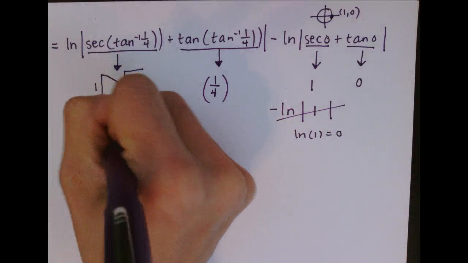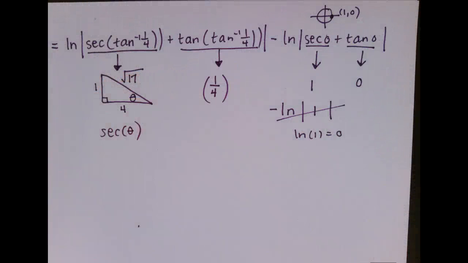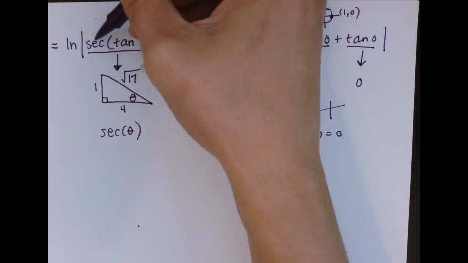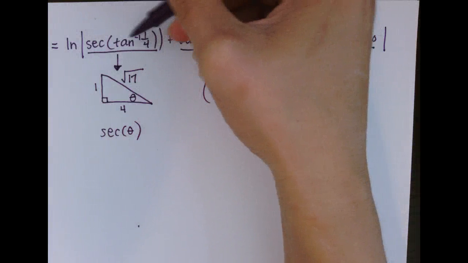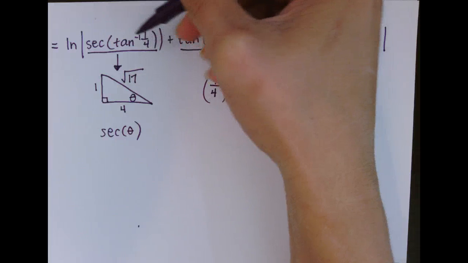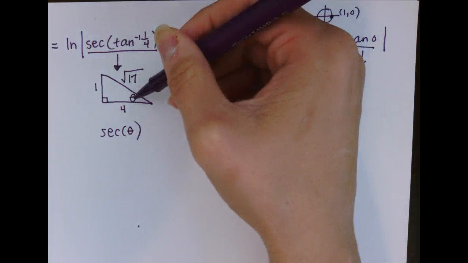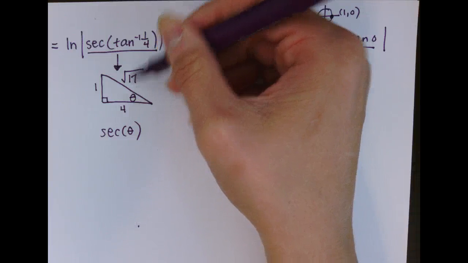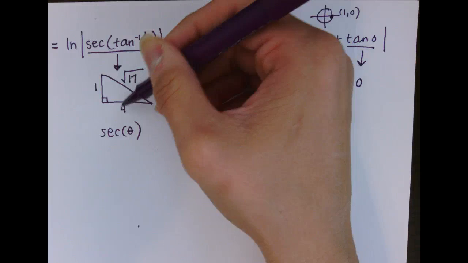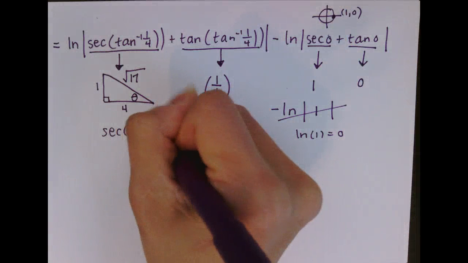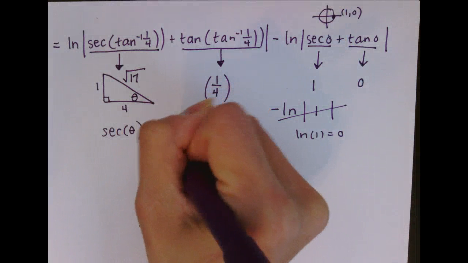So now, what I want to do is find the secant of that same angle that was produced by this inverse tangent expression. So going to this triangle, think of what the secant ratio would be. So that's 1 over cosine, or in other words, the reciprocal of cosine. So hypotenuse over adjacent.